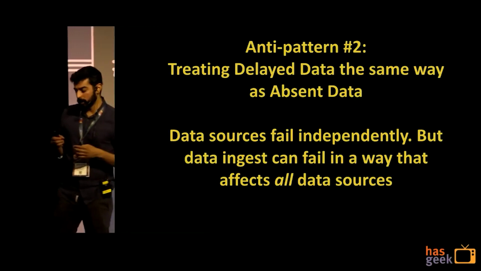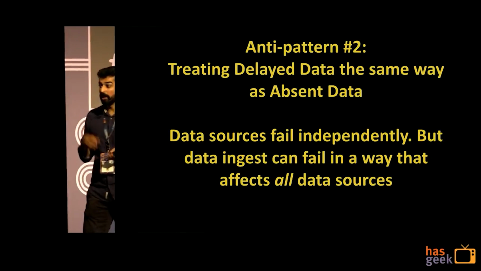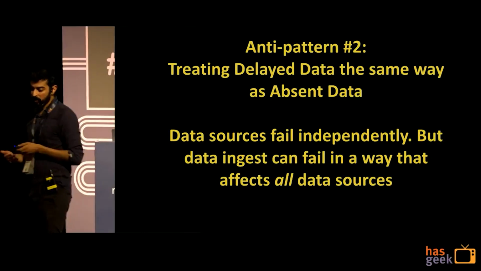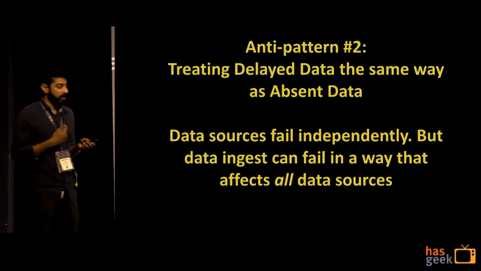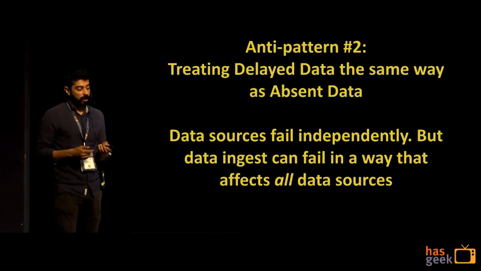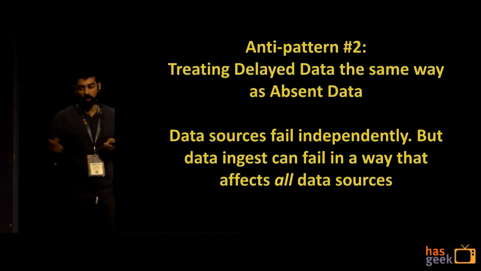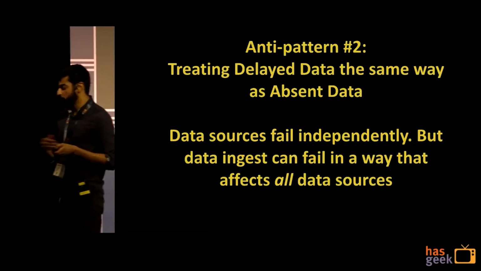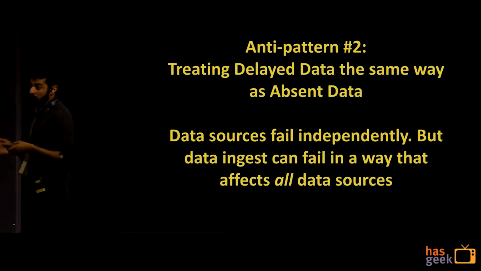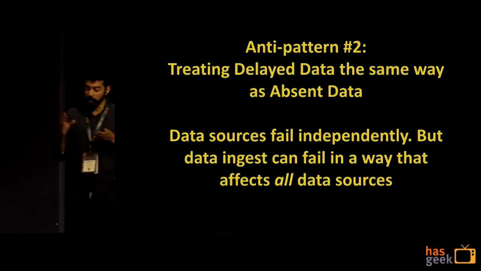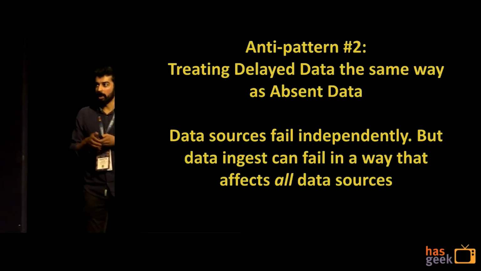And if you work with any kind of real-time analytics tool or any kind of system that relies on this real-time feed of data, this is actually a very dangerous thing to do, because data sources can fail very independently. Like my laptop or my server may all of a sudden cease to submit a particular metric, and that's that server's problem. It's scoped to that particular entity in that domain.